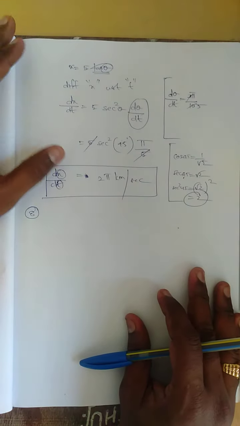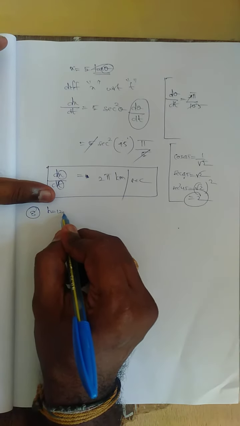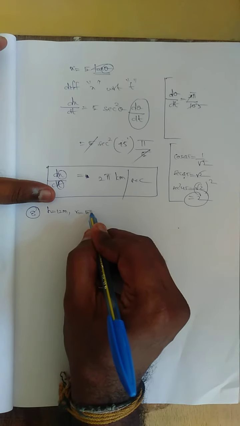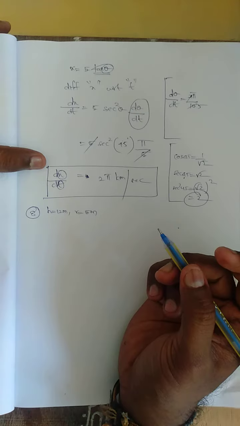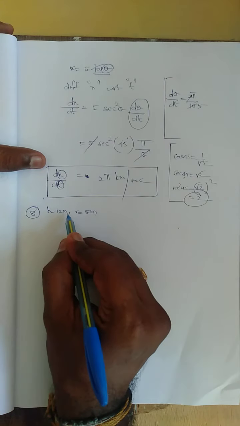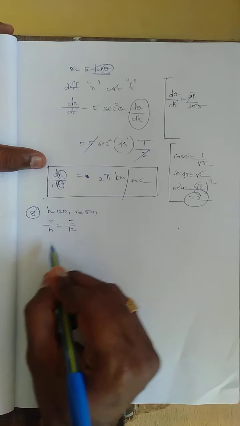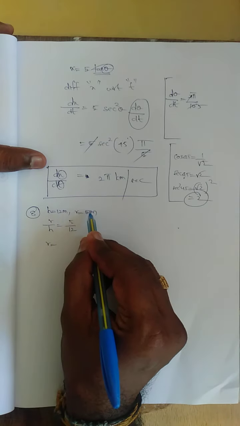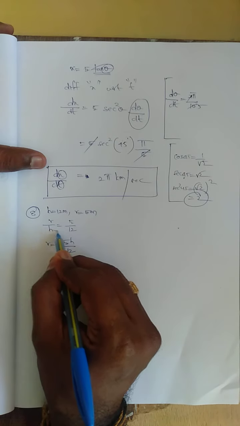Take the sum. First, what is the given? Height is equal to 12 meter and radius is equal to 5 meter. So I am going to write r by h. R by h is equal to 5 by 12. R is equal to 5h by 12. This h moves here.